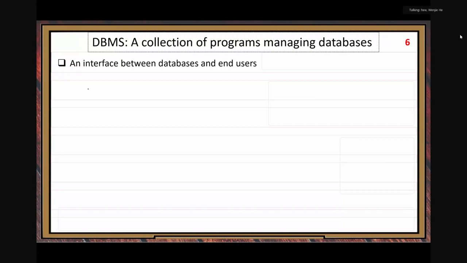An interface it provides. So DBMS, the first property: it needs to provide an interface between databases and end users. To work with databases, the end users need to use a certain interface. So what are end users? There are many groups of end users.